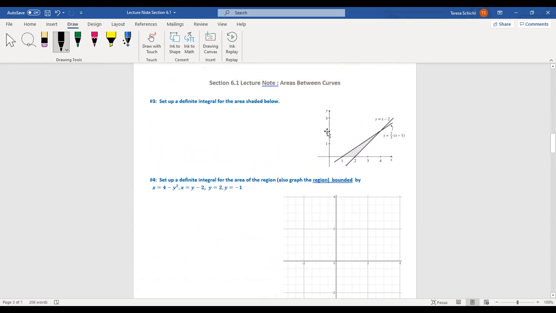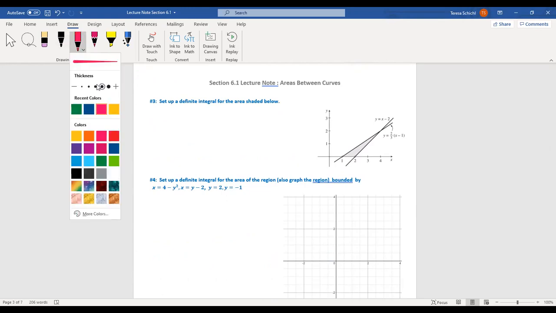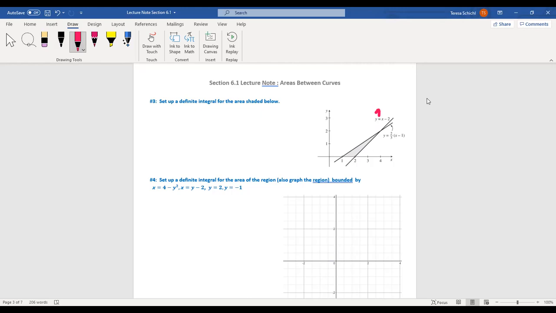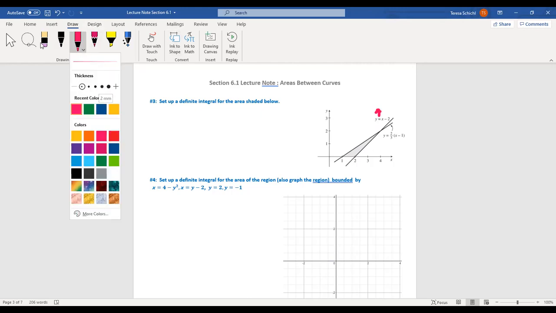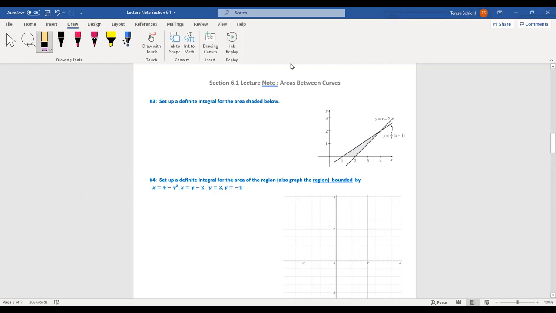Okay, so let's take a look here. For this one, let's just set up the definite integrals. First let's look at y equal to x minus 2 and y equal to 2/3 x minus 1. You might say, hey, can I do it like this?